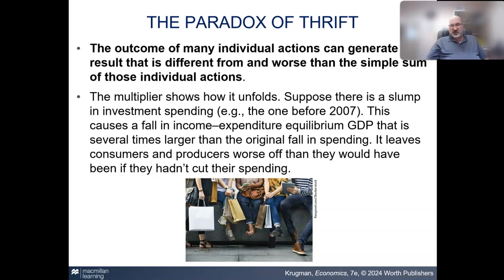So paradox of thrift says this: understand it's a great idea that you save as an individual. You should have a savings plan. You probably ought to have a savings account, a retirement account, something for retirement that is counted as savings in economics, and in finance too. I think finance may separate it out into two different things, but it is counted that way.